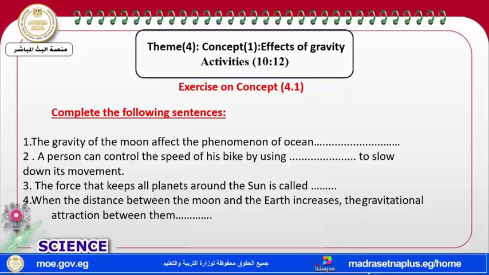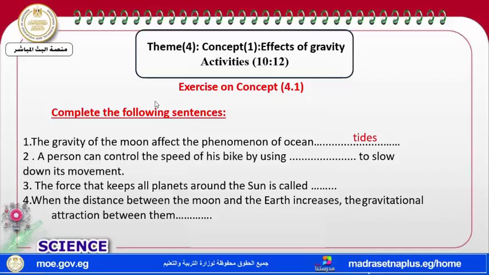Now, my dear students, let's start to solve an exercise generally on concept 4.1. Firstly, complete the following sentences. The gravity of the moon affects the phenomenon of ocean tides. Take care with this point. The moon has gravity, and it affects the ocean tides.